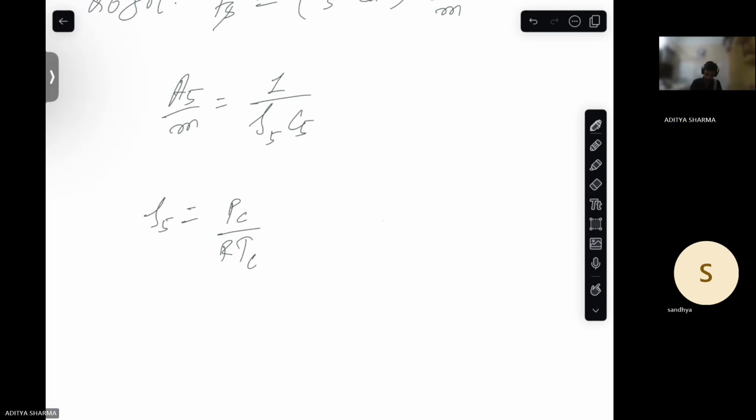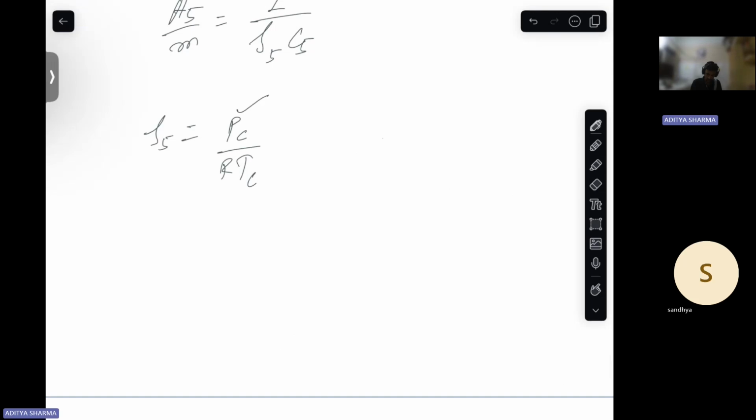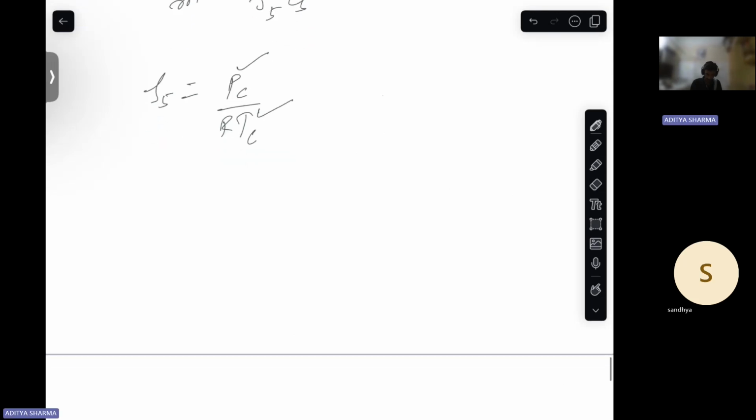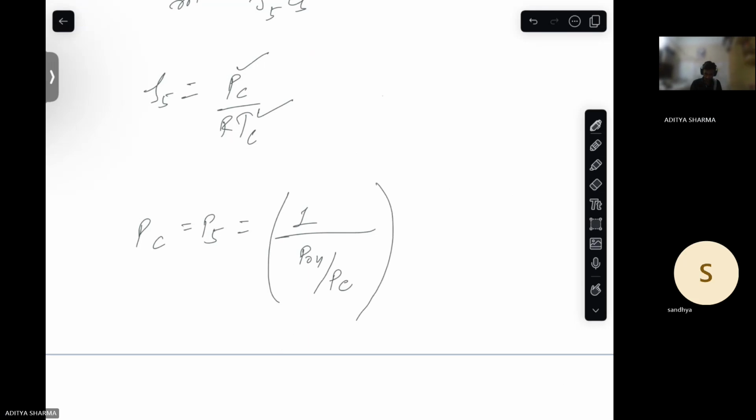This we want, this we have. So PC is equal to P5 is equal to 1 by P04 by PC, P04.